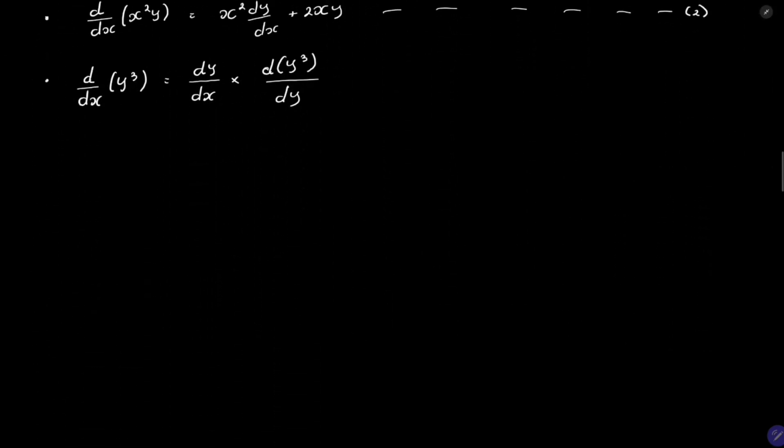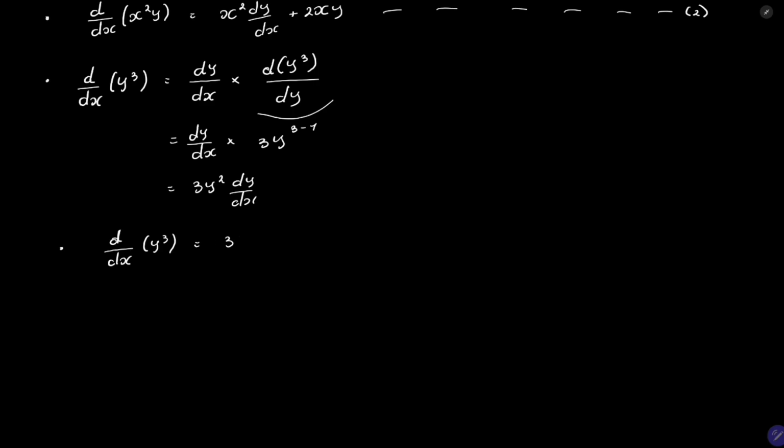So let's move directly to finding this term. This gives us dy on dx times the derivative of y cubed with respect to y. We can directly apply the power rule, which gives us 3y to the 3 minus 1, which gives us 3y squared dy on dx. We can then conclude that the derivative with respect to x of our term y cubed gives us 3y squared dy on dx. We label this equation 3.